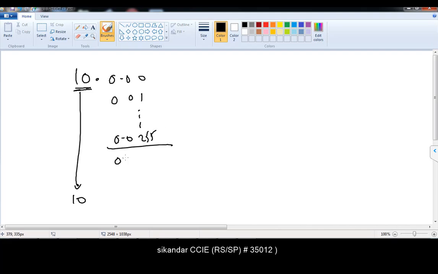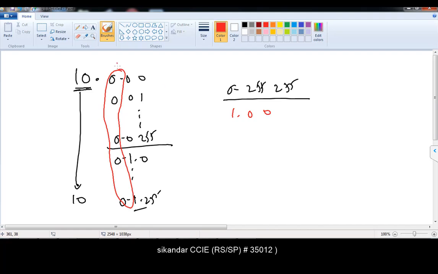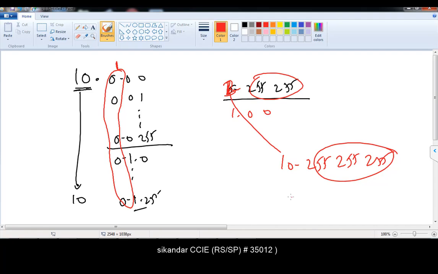Once you finish this portion, you continue with 0.1.0 and go up to 0.1.255, and like that up to 0.255.255. Then I move on with 1.0.0, finishing the same way, then 2, 3, and so on until you get 10.255.255.255. This means you get 256 cubed addresses, more than 16 million. The exact number is 16,777,216.